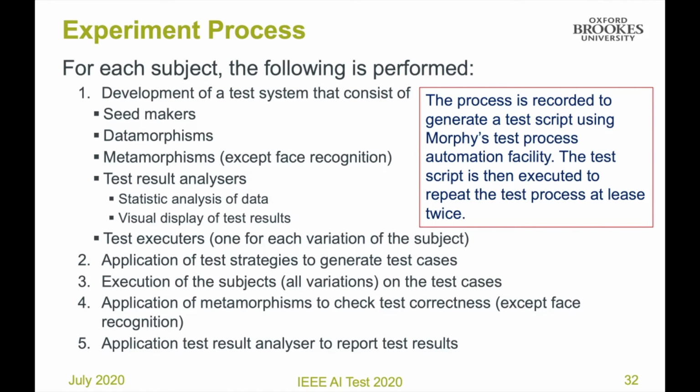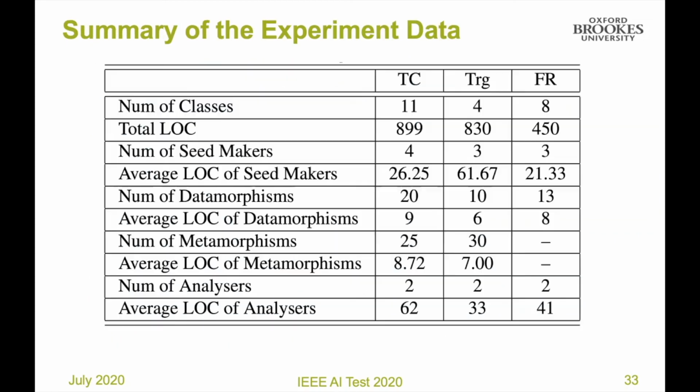Application test results are analyzed to report the test results. This process is recorded to generate a test script using Morphy's test script facility, and the test script is then executed repeatedly at least twice to automate the test process and to check if the process can be automated.